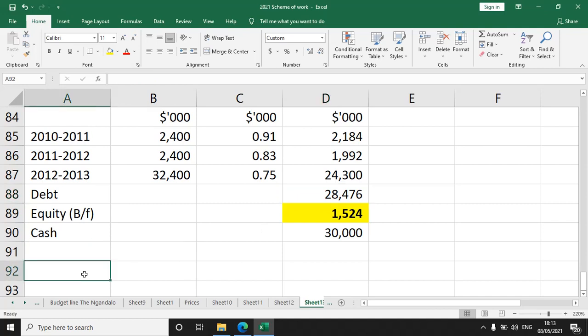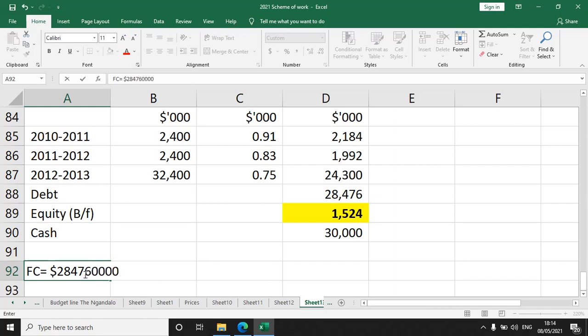Okay, so what are the implications on the financial statements of these? First of all, you will need to find finance cost, and that will be based on the debt figure. Finance cost is going to be equal to 28,476 million.